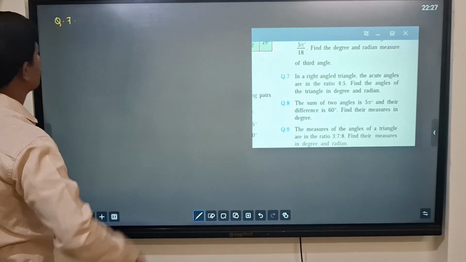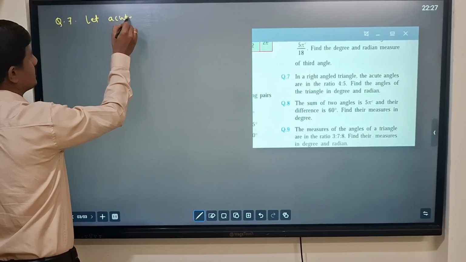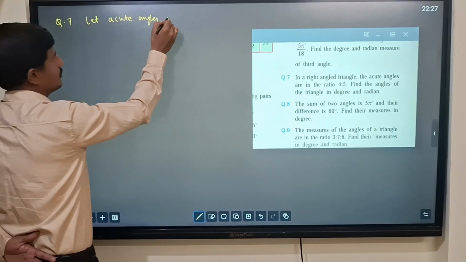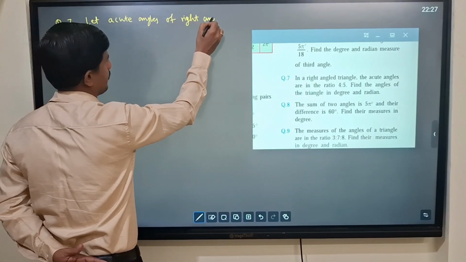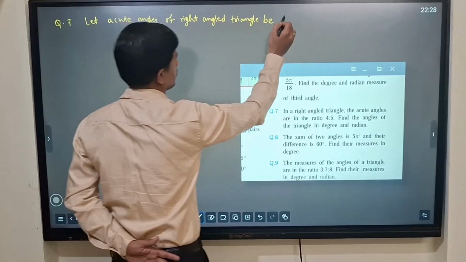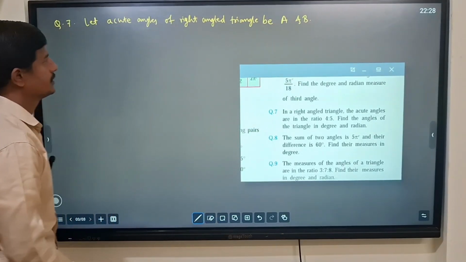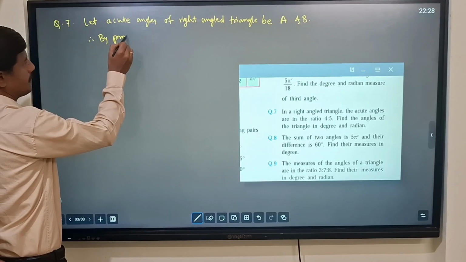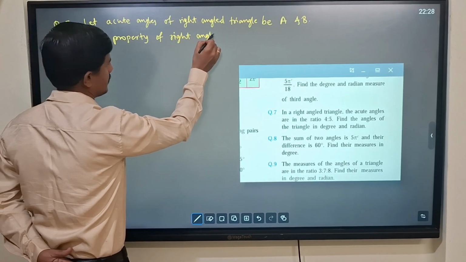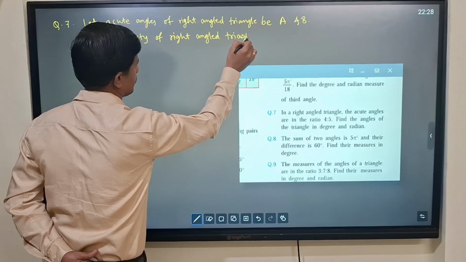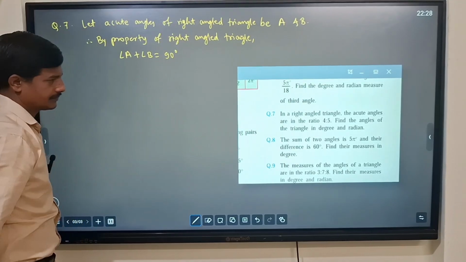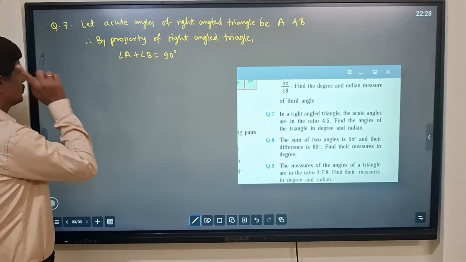Let the acute angles of the right angled triangle be A and B. Therefore, by the property of a right angled triangle, angle A plus angle B equals 90 degrees, and the ratios are given.